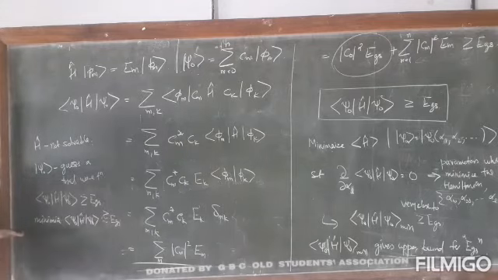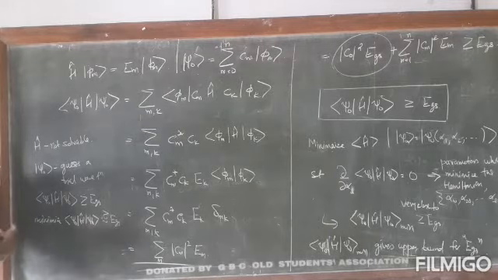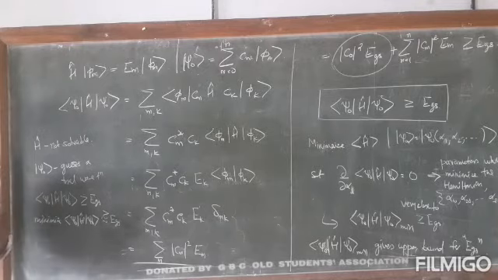So we will get an upper value of the energy very close to the ground state energy. That is why we said that from the variation method we can get the upper limit of the ground state energy. Now the next question is: is it possible to apply the same method to find the higher energy states? That is also possible.